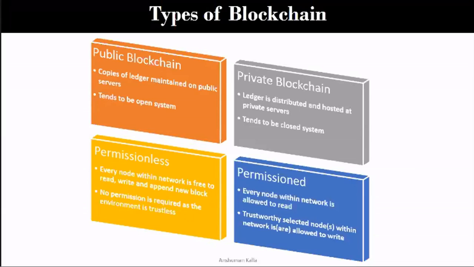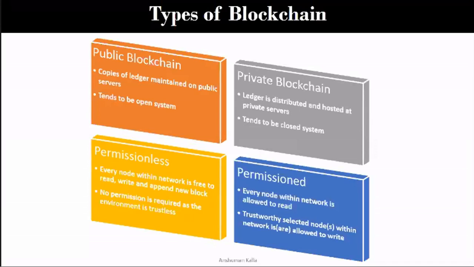Whereas private blockchain systems are the ones where the ledger is distributed and hosted on private servers, or you can say a consortium or a group of nodes under private control, right? They tend to be a more closed system.